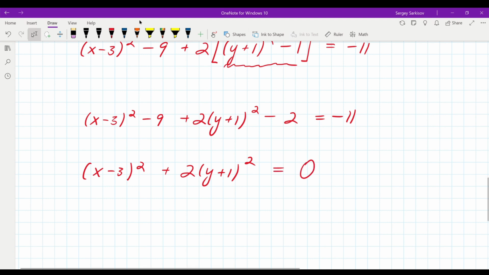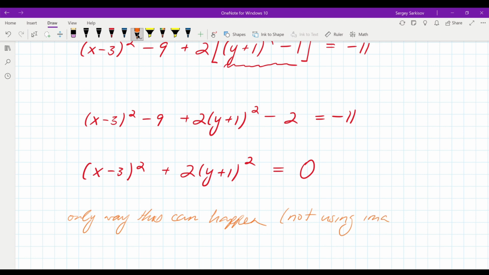And the only way this can happen, not using imaginary numbers, by the way, okay? We're talking about graphing and all that. This is real number line stuff. Imaginary numbers, we're not using them.